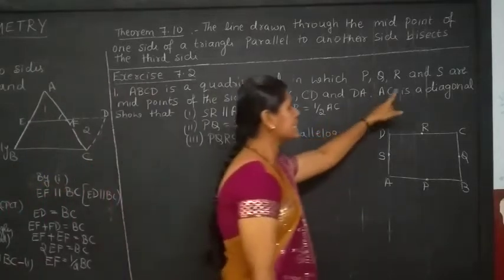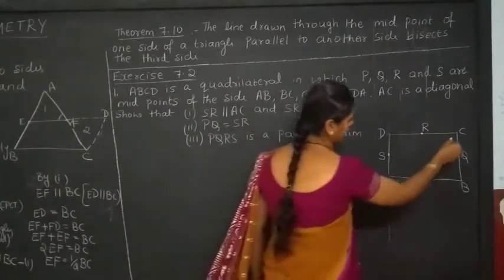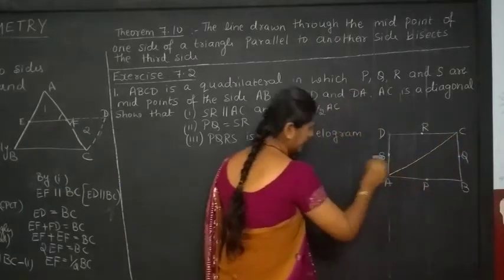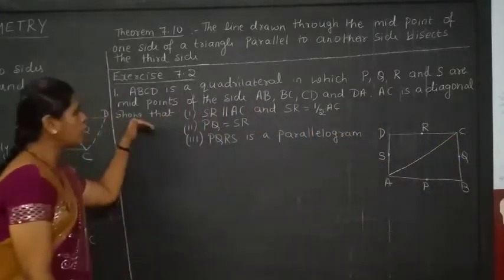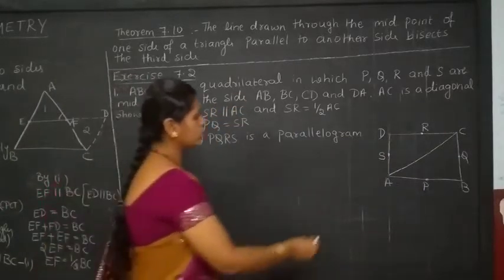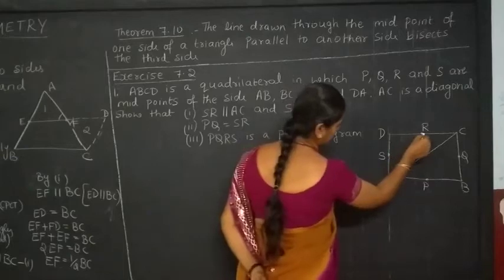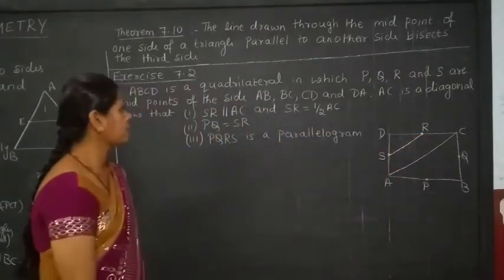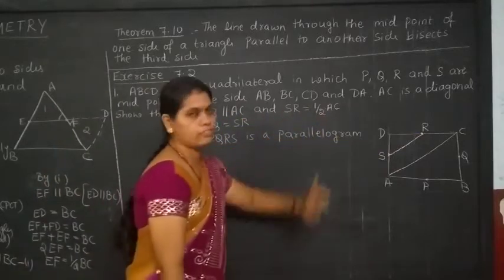And AC is a diagonal. So join the diagonal AC. Now you have to show that SR is parallel to AC and SR is half of AC.